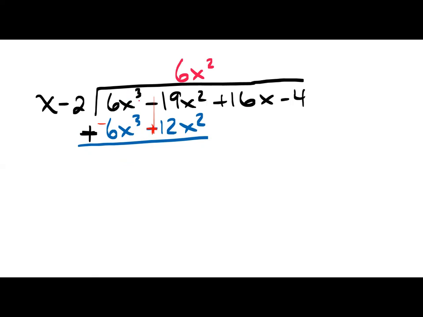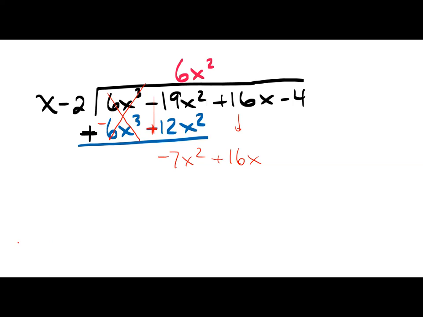Okay, let's begin here. So this guy has to cancel out if we did everything correctly, right? Because that's the whole point of doing that. So what is -19 and a +12 going to make? -7x squared, perfecto. And we're going to bring down the next one and everything starts all over again. Here we go.